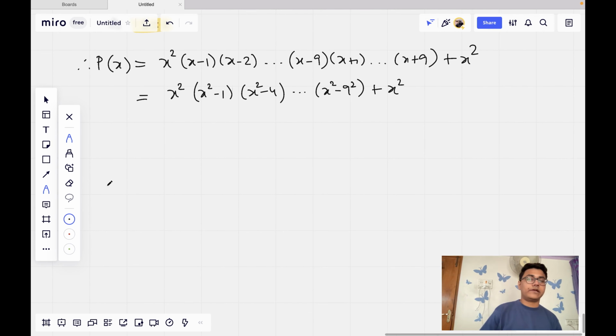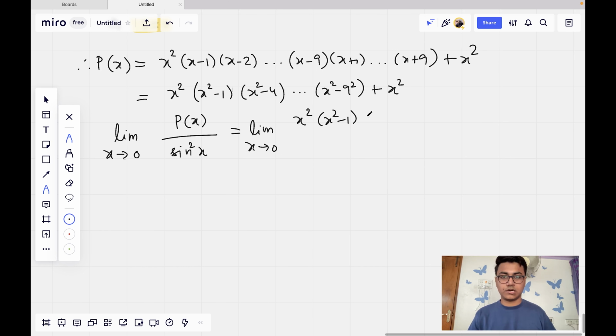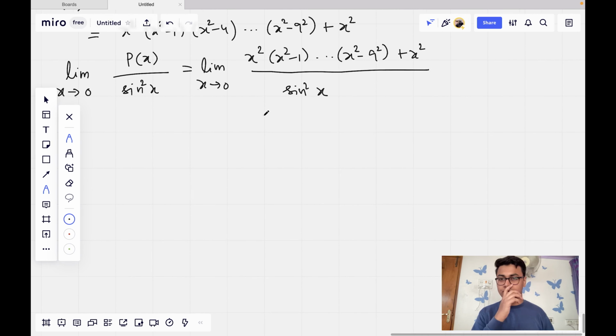Okay, now we evaluate the limit. The main point of the question is to evaluate the limit as x tends to 0 of p of x over sine squared x. This is the limit as x tends to 0 of x squared times x squared minus 1 all the way till x squared minus 9 squared, plus x squared, over sine squared x. So very easily we can see what we have to do.